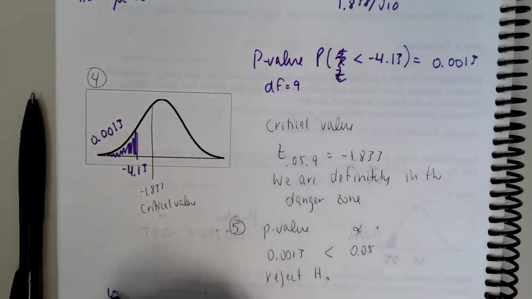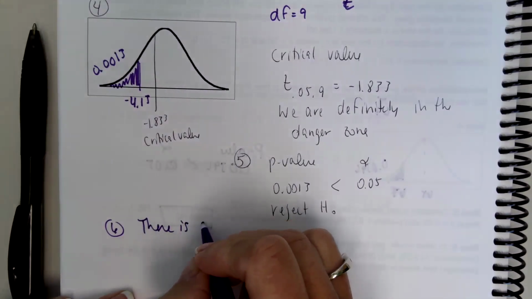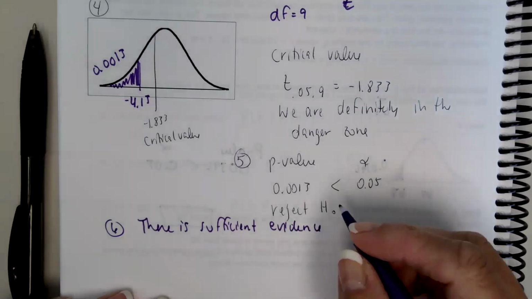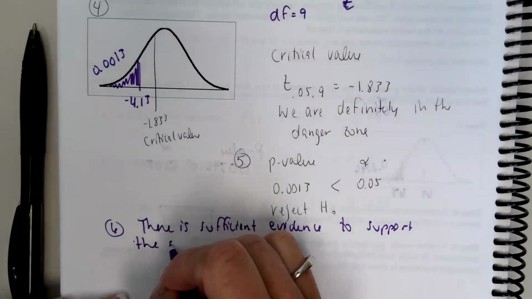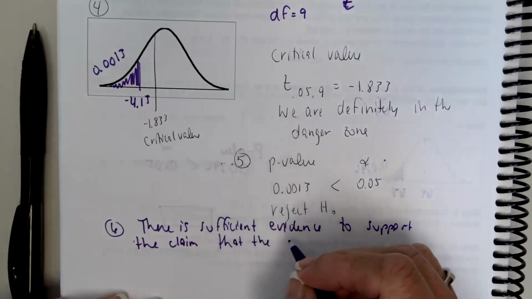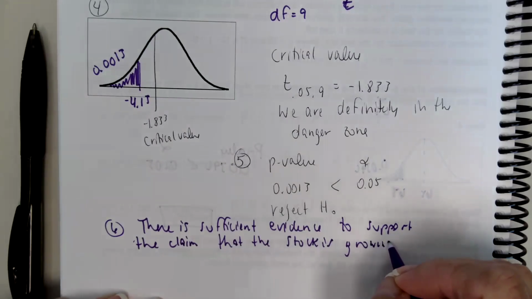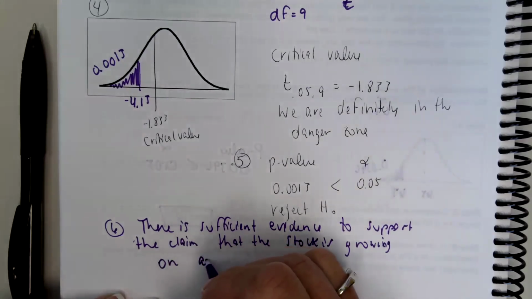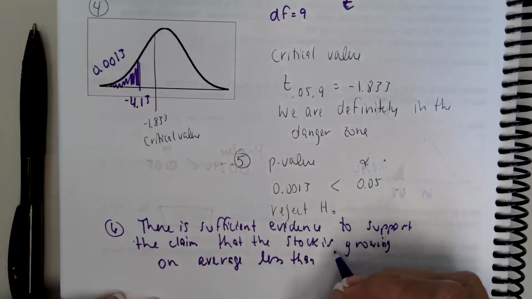And because we reject H0, our step 6 says there is sufficient evidence to support the claim that the stock is growing on average less than $5 per week.